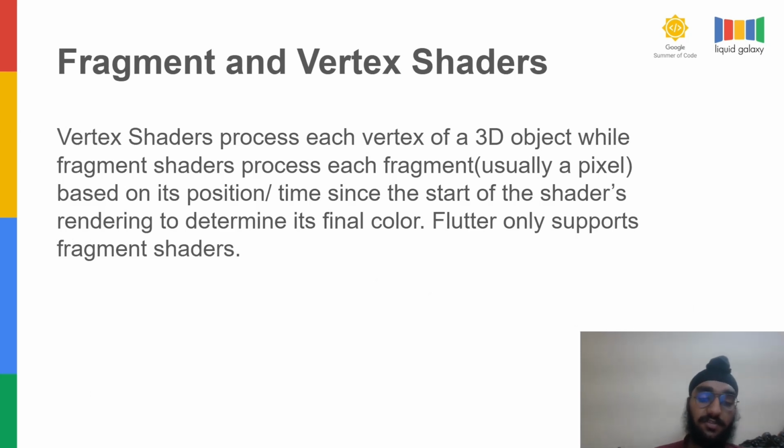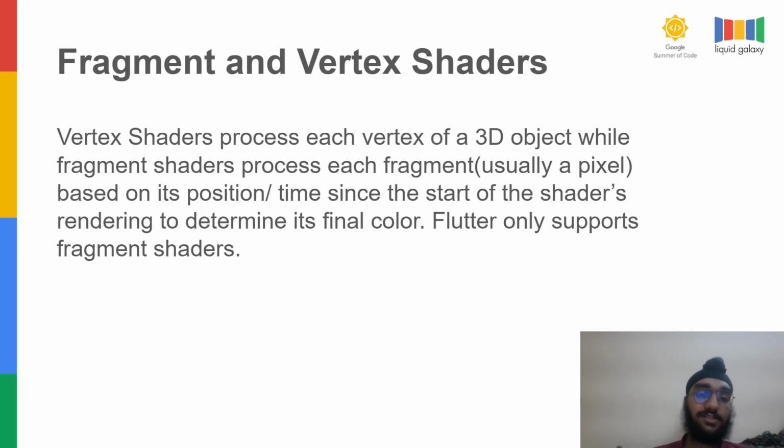When we are writing shaders for Flutter, we will be writing them in a Flutter-supported shader language known as GLSL, or OpenGL Shading Language. Before we move on to writing our first shader, I'll tell you the difference between fragment and vertex shaders. Flutter only supports fragment shaders.